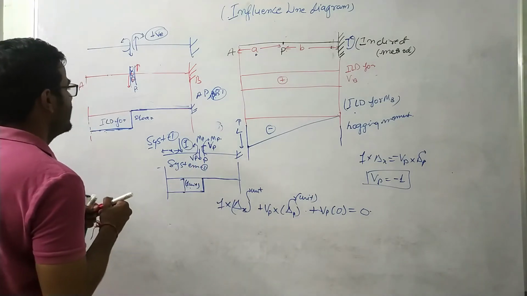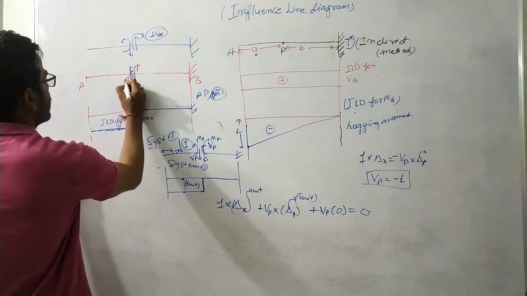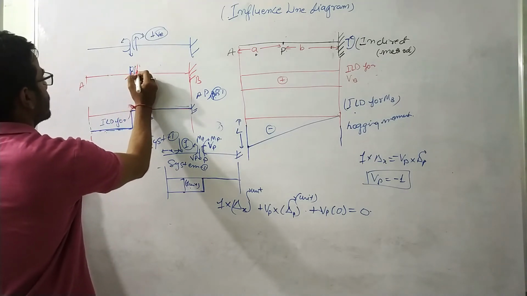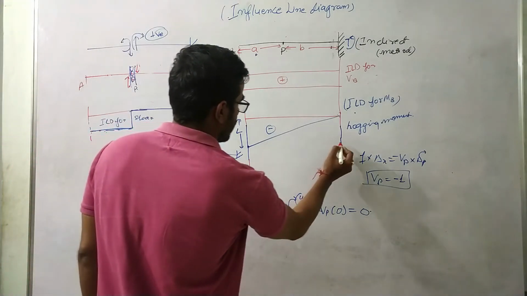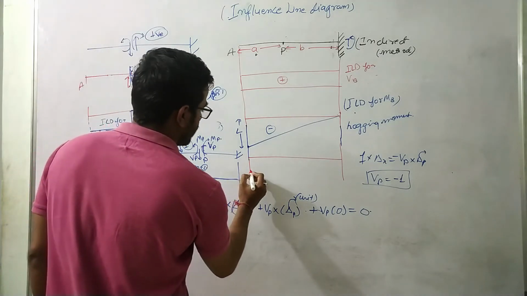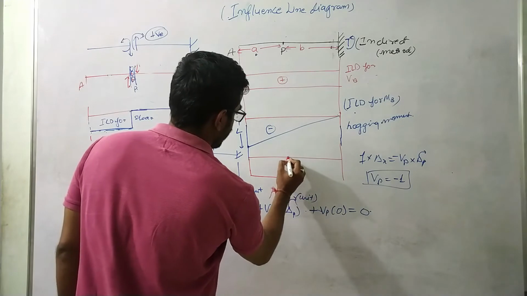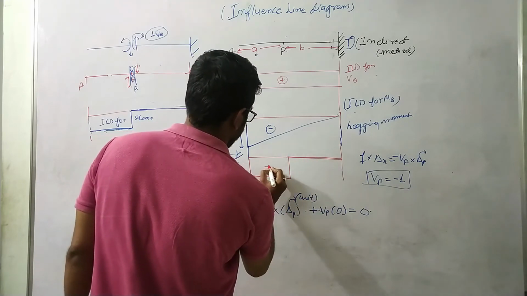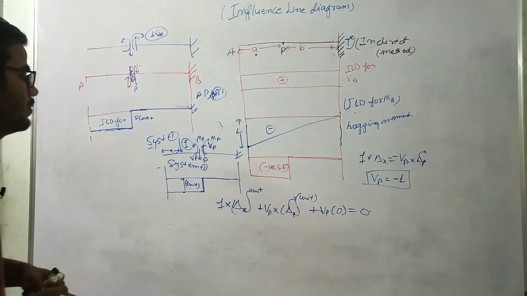So actually in reality at this point the shear force will look like this, which is a negative shear force. So the ILD for the shear force will look like this. This is the negative shear force.